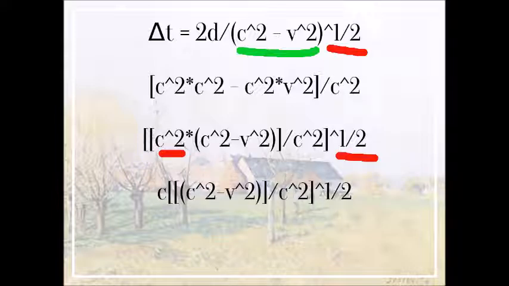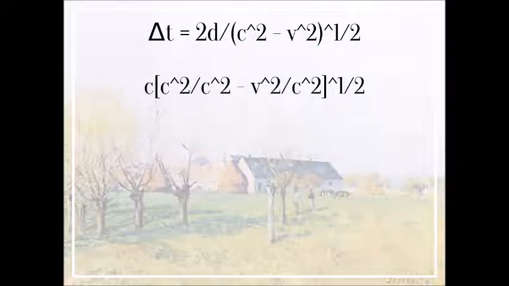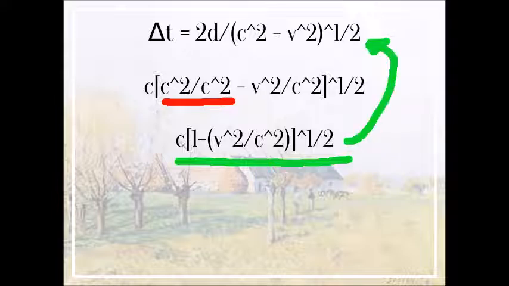We'll then give our c squared minus v squared its own denominator, and c squared divided by c squared is equal to 1. Now we have something we can work with. Let's sub it back into the full equation.